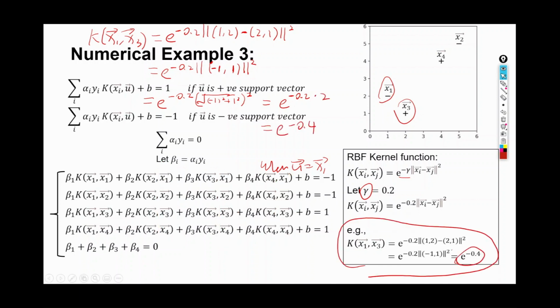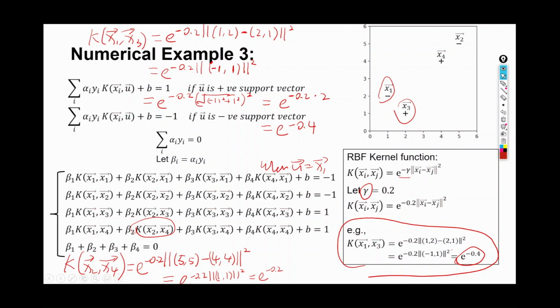Now K(x2, x4). So e to the power of -0.2, and then x2 is (5, 5) and x4 is (4, 4). The difference is (1, 1), then squared.